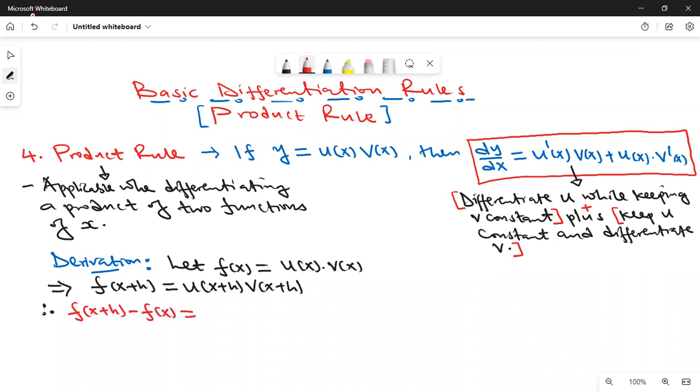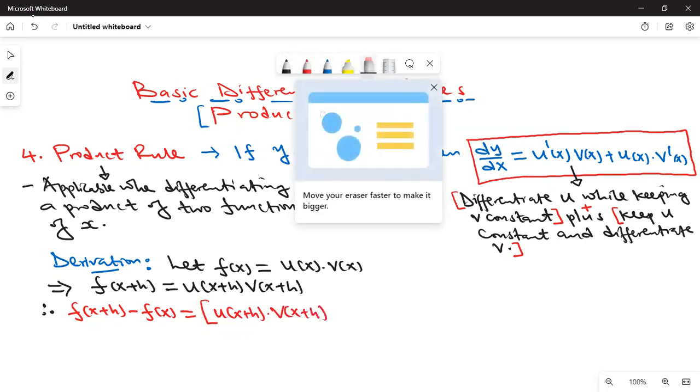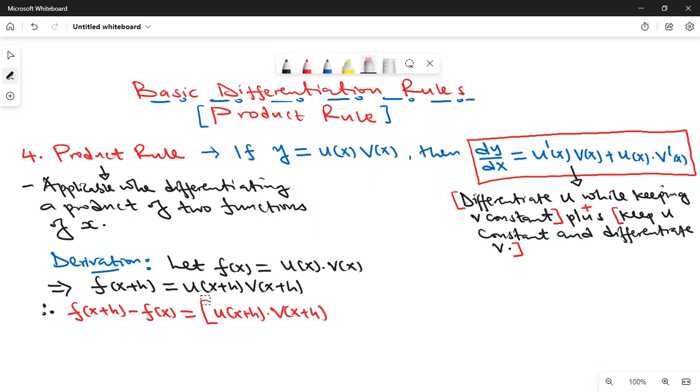That is the same as u of x plus h times v of x plus h, then subtract u of x times v of x.